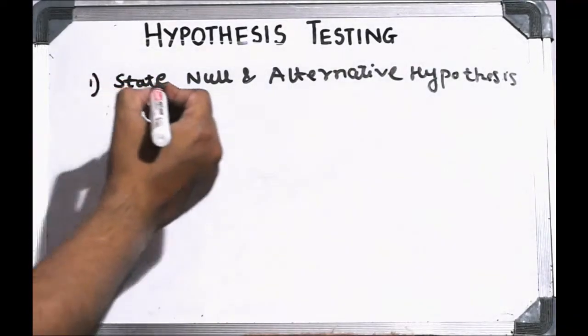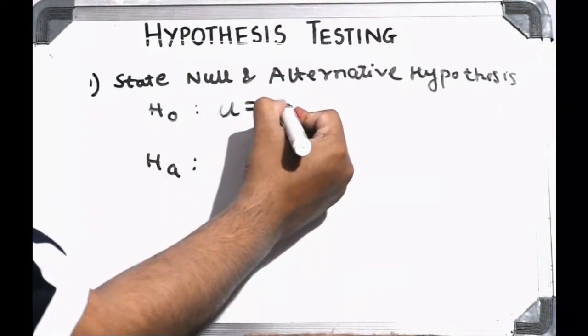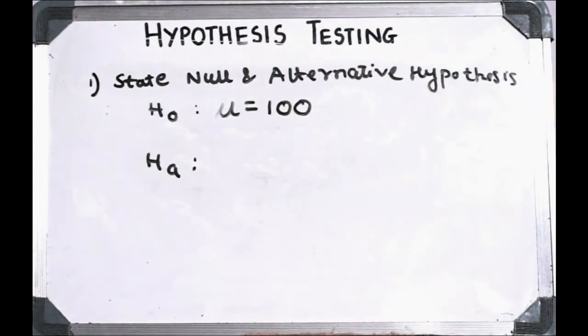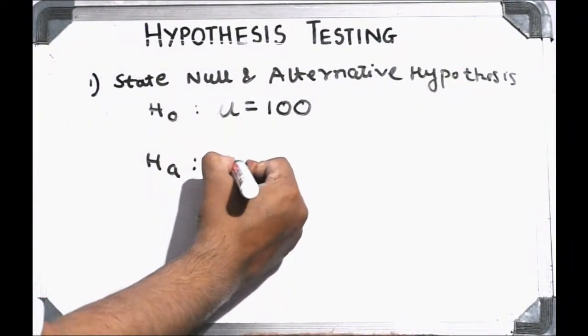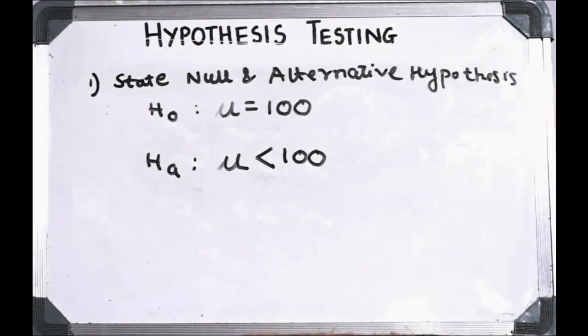Now, if you go through the question, you will find that the currently accepted value, meaning the average price of products, is assumed to be 100. It is given in the question. So this is 100, but the researcher believes that the average price of the products is less than 100. So we are done with the first step. In the next step we have to choose the level of significance.